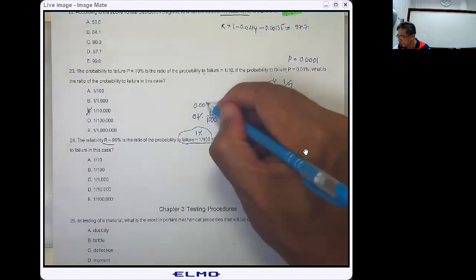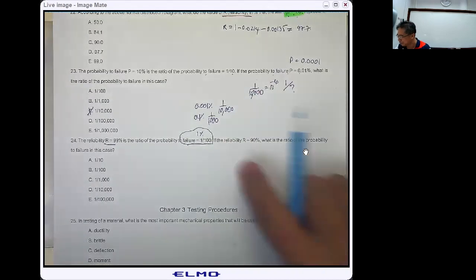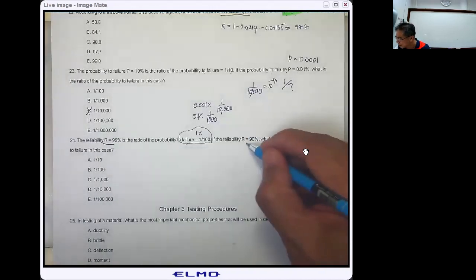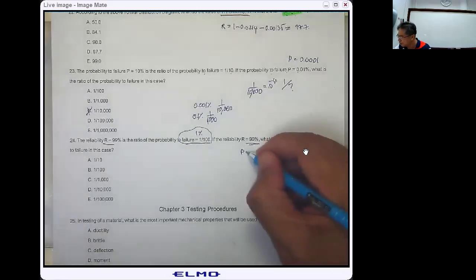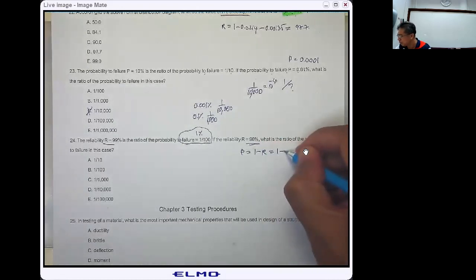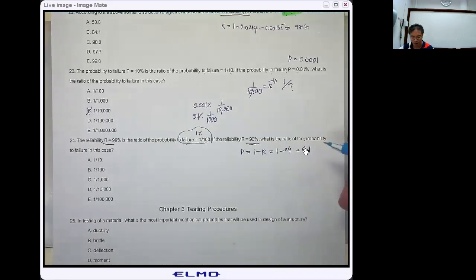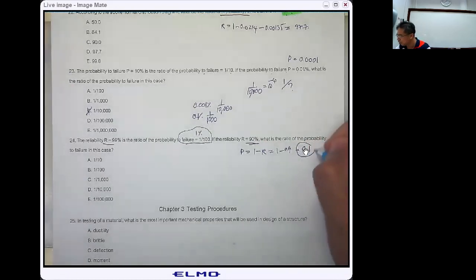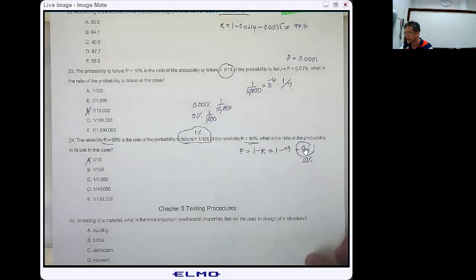If it's 0.001%, it's 1 over 100,000. And if the reliability is 90%, the probability of failure is P equal to 1 minus R, that is 1 minus 0.9, which is a probability of failure of 0.1. This 0.1 is 10%, and when it's 10%, it comes over here, which is 1 in 10.